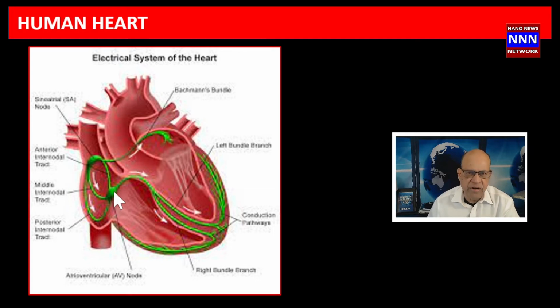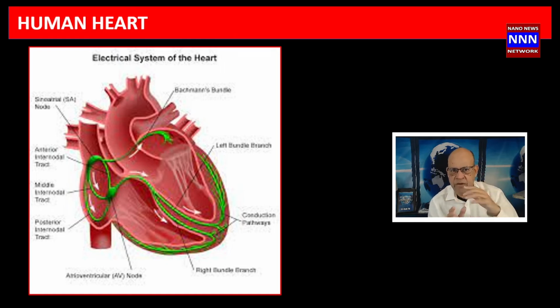Why do we need a relay station? That's a good point. First of all, as you know, the heart beats first the upper chambers, and we have to allow enough time for the blood to be pumped into the lower chambers. And when the blood enters the lower chambers, then the lower chamber beats.